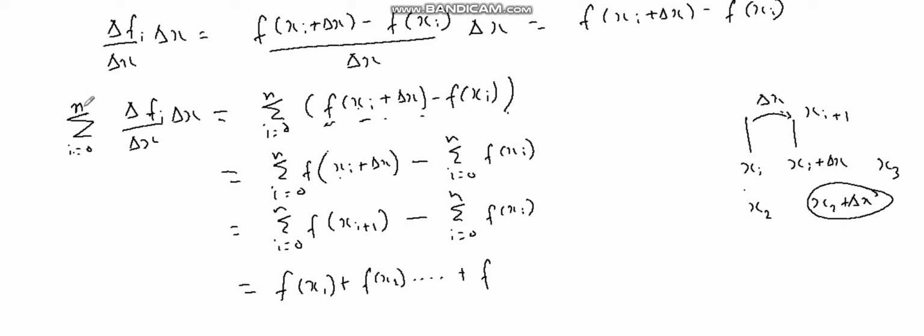Instead of i going from 1 to n, i should go from 0 to n minus 1, okay, because this is i plus 1, so if it were n, then the last term would give f of x_{n+1}, and we don't have this x_{n+1} term. So in the last we will get i plus 1, and n minus 1 will give f of x_n, okay.